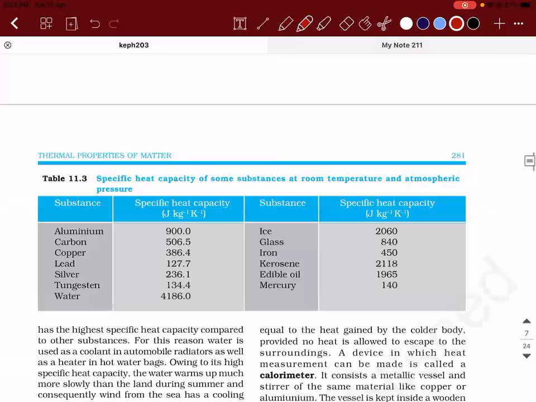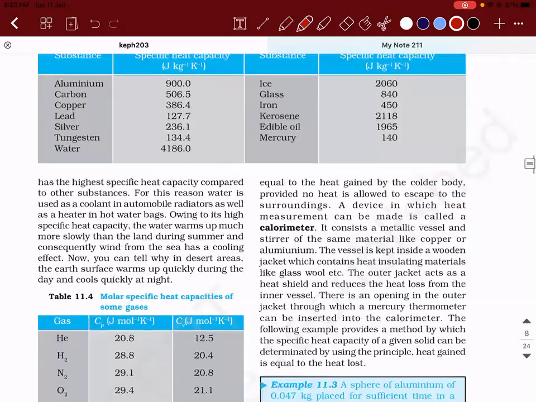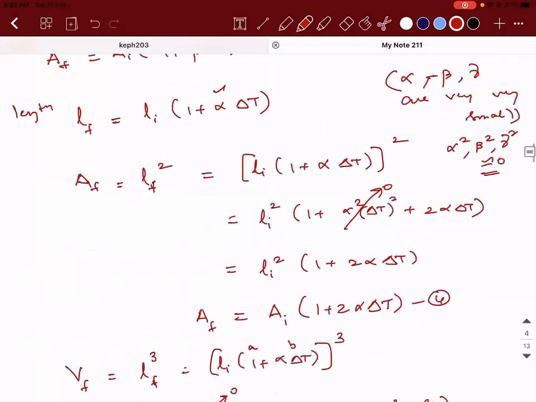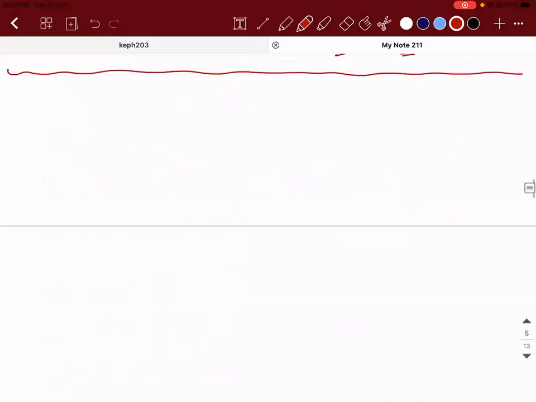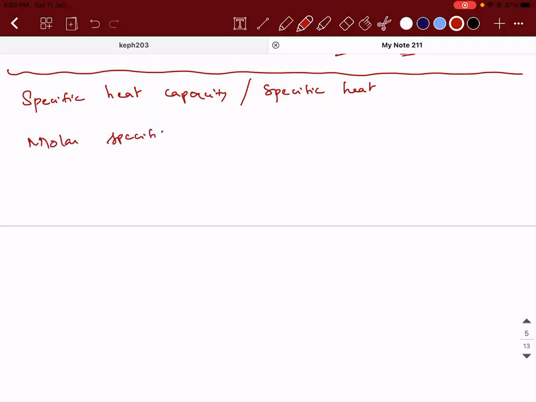Now, I'm going to define a third term, which is called heat capacity. So, specific heat capacity or specific heat, then we have molar specific heat capacity.